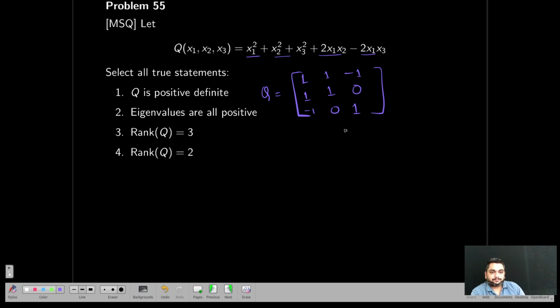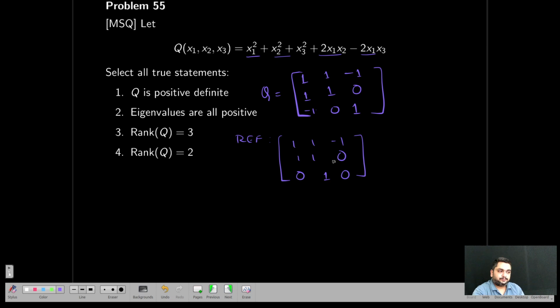Now try to convert it into row echelon form. So if I try to convert it to row echelon form, I try to make this third row 0: 1 1 minus 1, 1 1 0, this becomes 0 1 0.